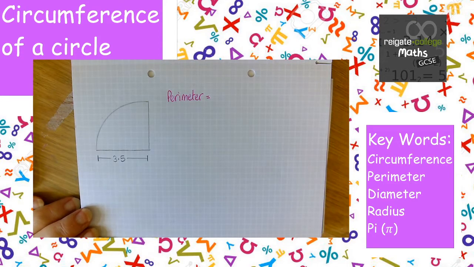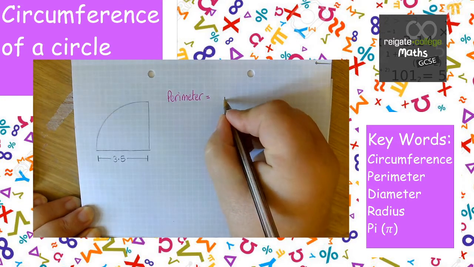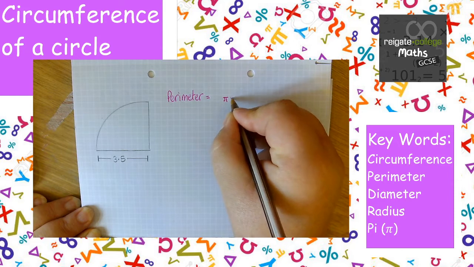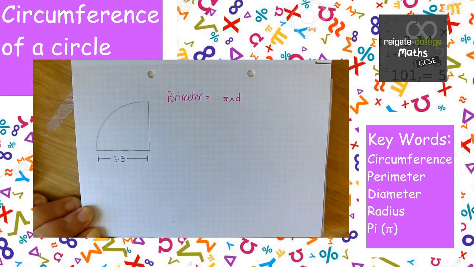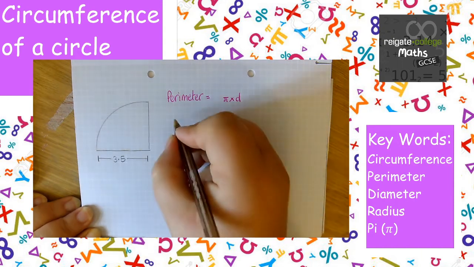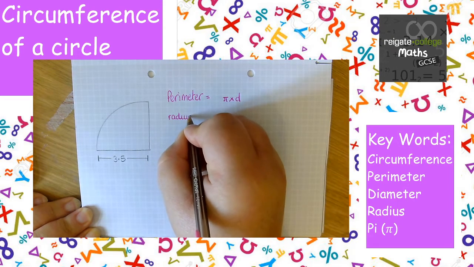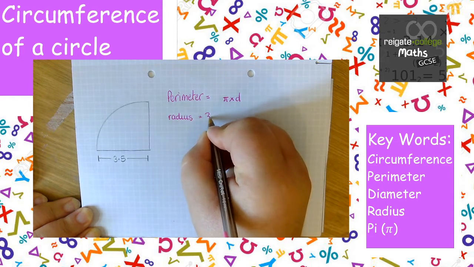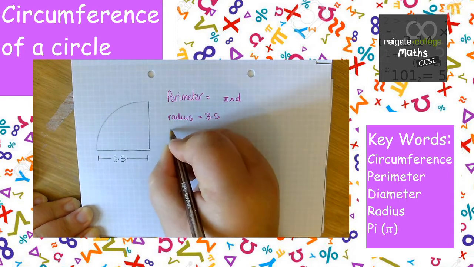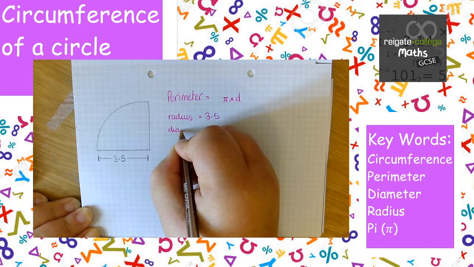Here I have a quarter of a circle and I wish to find the perimeter. I'm going to do my pi times diameter calculation for the entire circumference of a whole circle, remembering that if the radius measure is 3.5, the diameter measure is going to be 7.